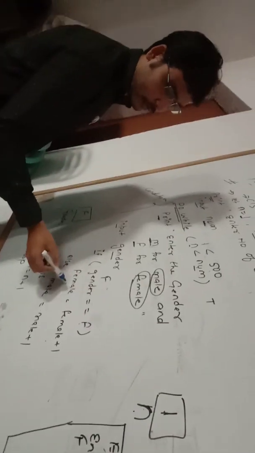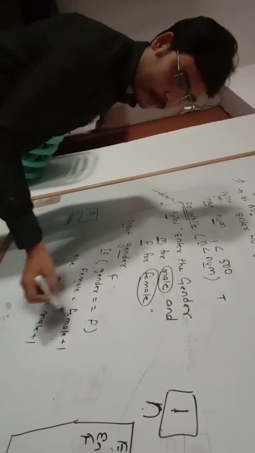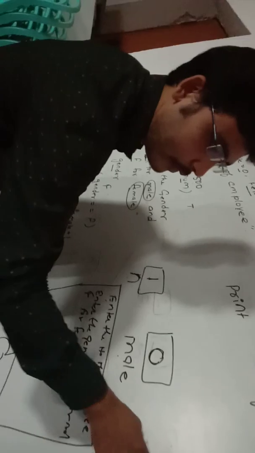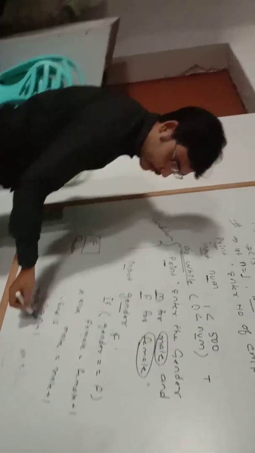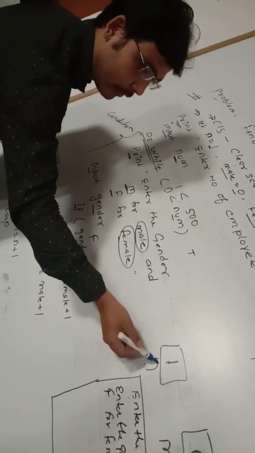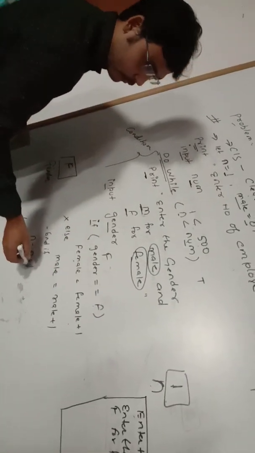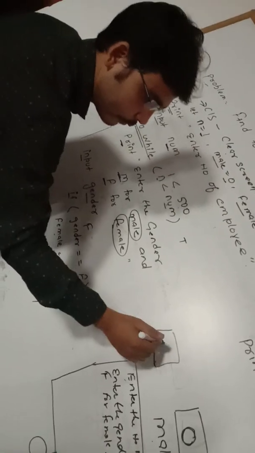If it is true, then the value of female will be increased by 1. The value of female is 0 and the 0 will be increased by 1, so the value will be 1. And it will not go to the else part. The condition completes, n is equal to n plus 1, the value of n is 1, so again the value will be 2.